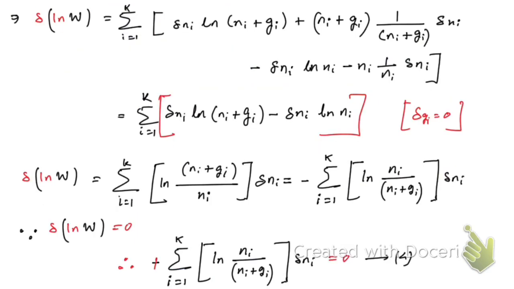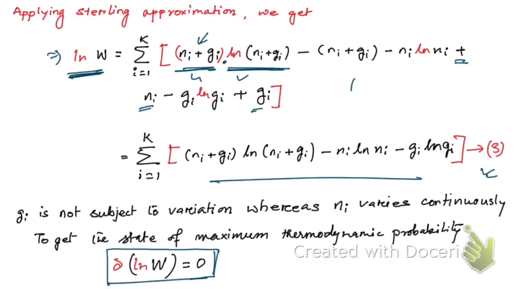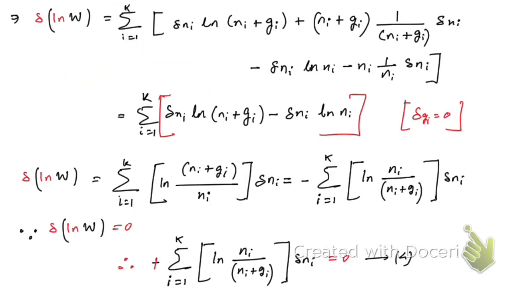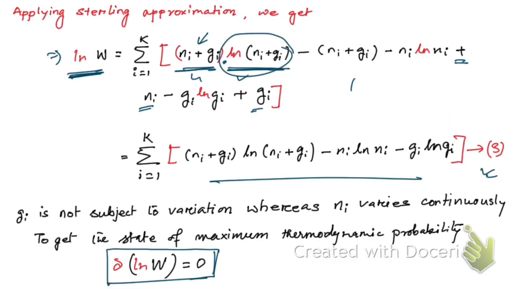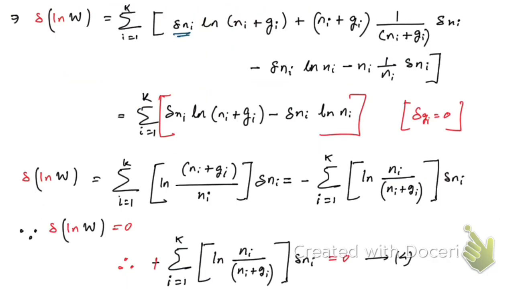The derivative of the first function: del gi will be equal to 0 because gi is not a variable, so that's why we got only del ni. Then the product with the second function, which is this.